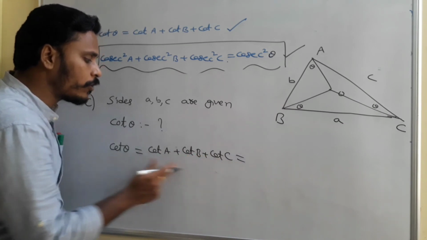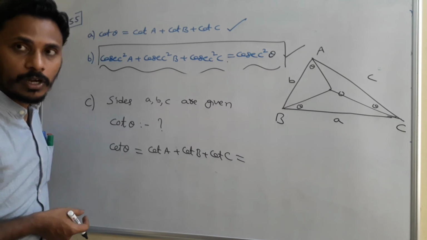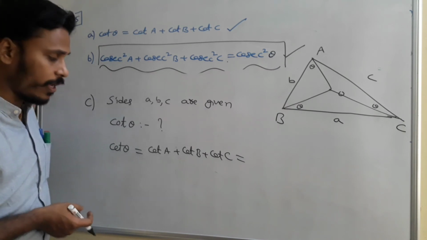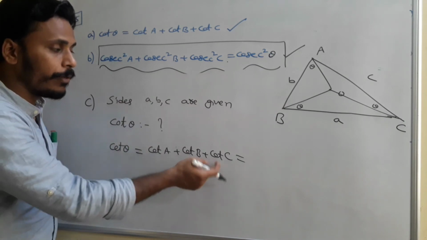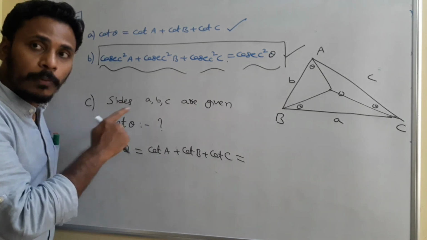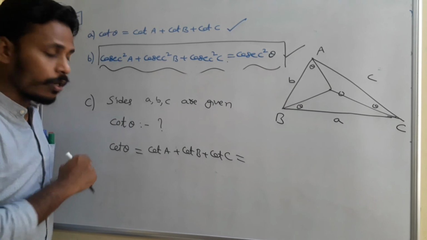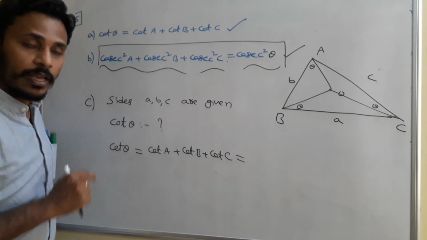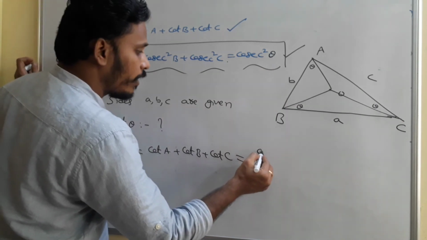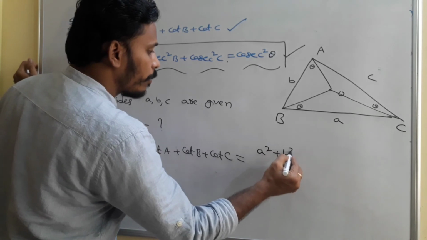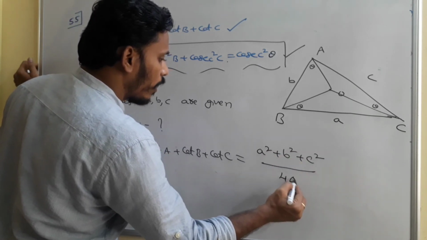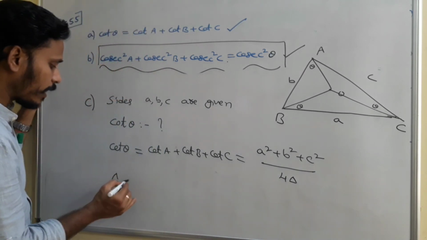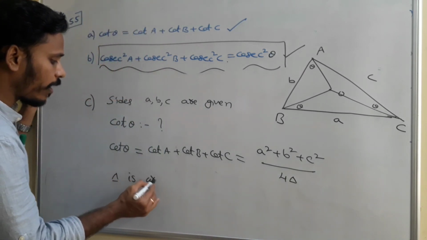Okay, and then what to say about cot A plus cot B plus cot C? Already we proved it in different cases. Cot A is cos A by sin A, cos B by sin B, cos C by sin C. For the numerator's cos, use cosine rule, and for the denominator, use sine rule. On simplification, you have it as A square plus B square plus C square divided by 4 delta, where delta is simply the area of the triangle.